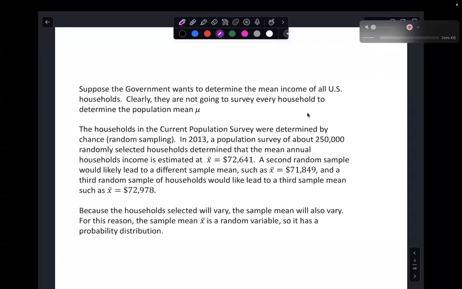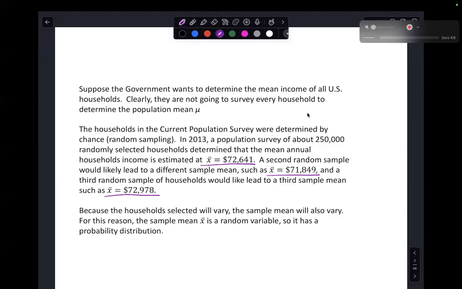So for that first sample, they got an average income right there, 72,641. Then they took a second random sample of 250,000 and they got this one. Then they took another sample and they got this one. And they can keep doing that, taking samples and finding the averages of those samples.